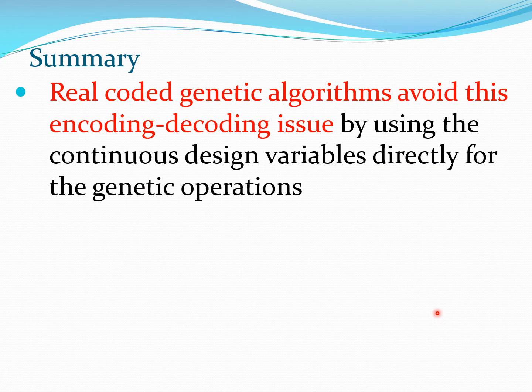Now, when people realized that many of the problems they are solving using GA are continuous and involve continuous design variables, they figured out approaches to start with a real number based starting population and then effectively discovered crossing and mutation techniques which can be used on real numbers, and this led to the growth of real coded GA, especially as far as most continuous design variable problems are concerned.